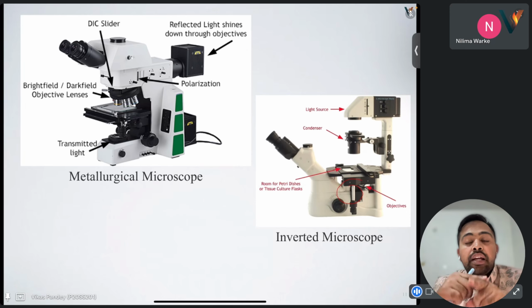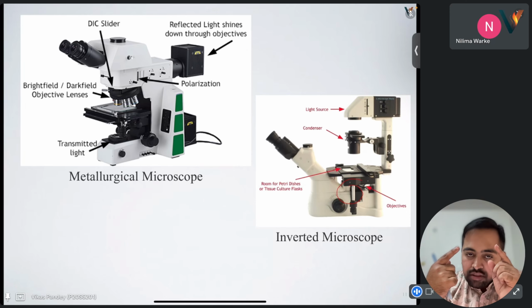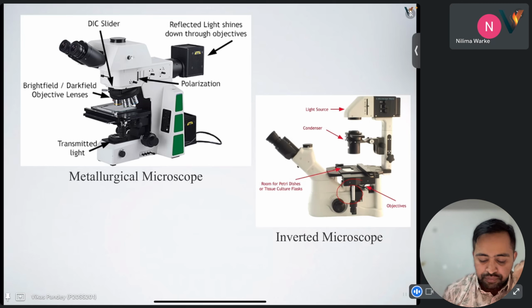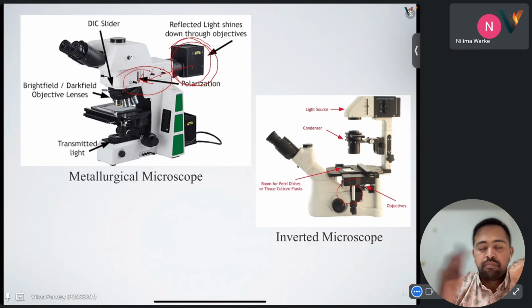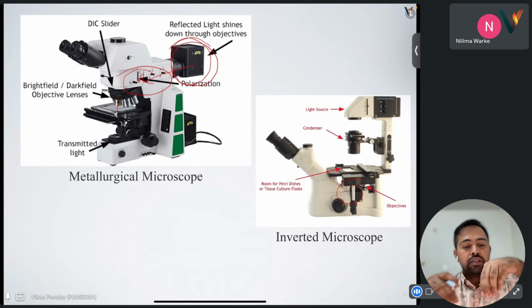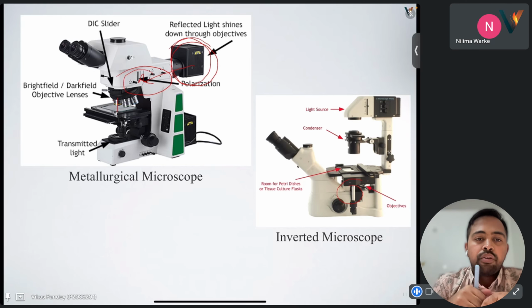Here, the light source is in the lens system itself, and it is also a polarized light. The light is reflected using mirrors and prisms, and when you switch on this system, you will see a light beam from the lens falling on the sample.